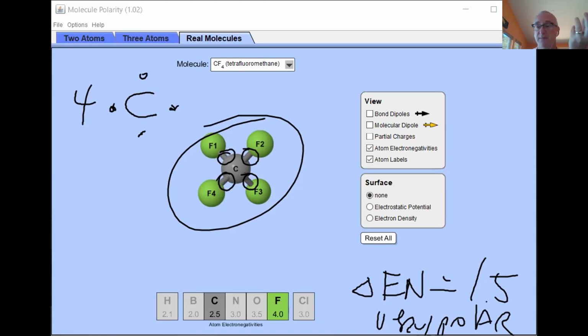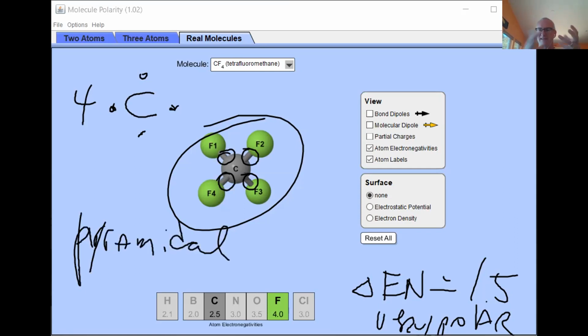And so this particular shape we call pyramidal. It's not planar because we have 4. If we put 4 in a plane, each of these angles would be 90 degrees.